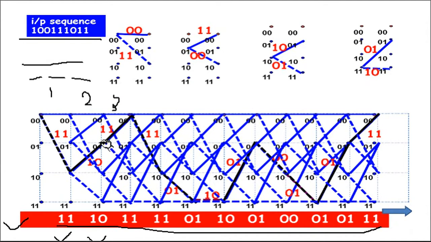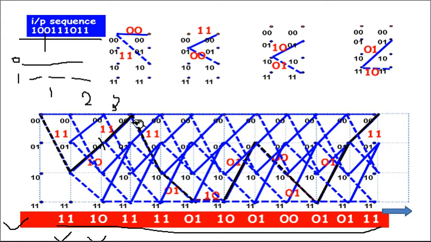In the third instant, what is happening? Since we are at this particular point, the third bit is 0. So for the 0 I again need to follow the continuous line, because for 0 it is the continuous line, and for 1 the discontinuous line has to be followed.